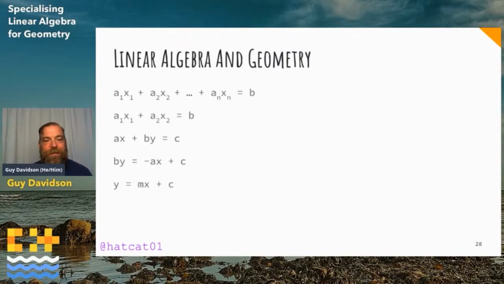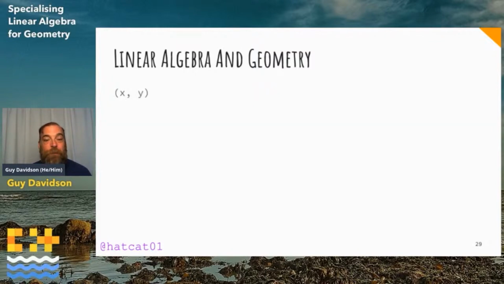And since b and negative a are arbitrary constants, we can see that y equals mx plus c, which is the very familiar equation for a straight line. So we can see that any straight line can be represented with a linear equation. Generalizing to 3 dimensions, you can see how this would work for planes.